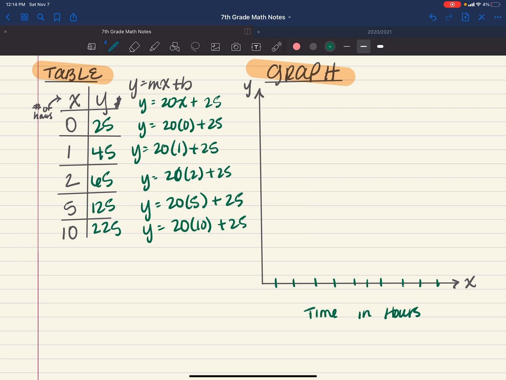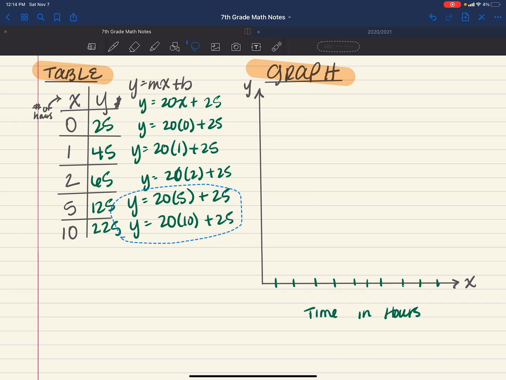And then my y-axis is money. Let me move this over so I can label my y-axis. It's cost in dollars.